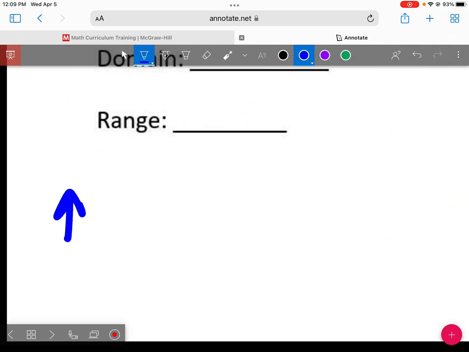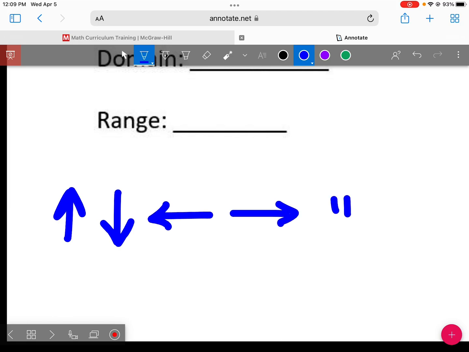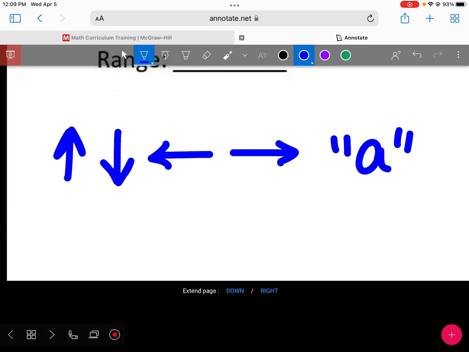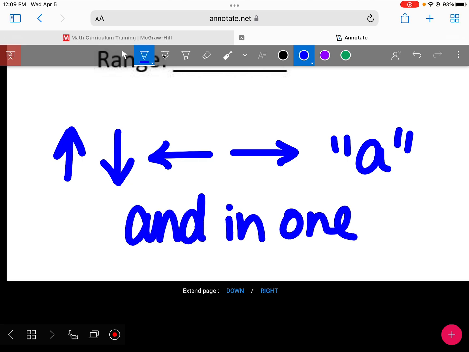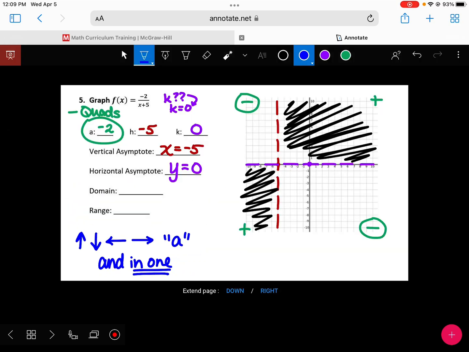We go up, down, left, and right, whatever our A is, and in 1. What is our A value? -2. Do I care about the negative part when I'm doing the up, down, left, right?